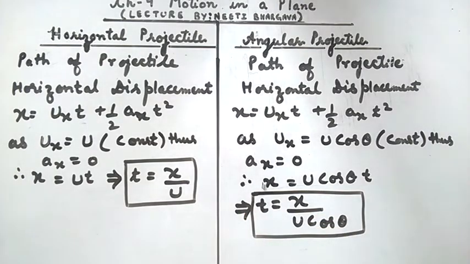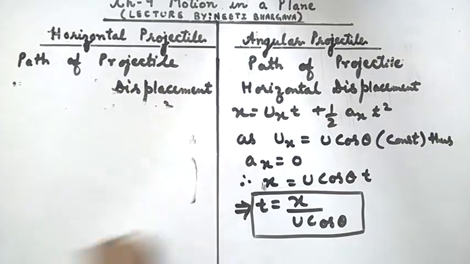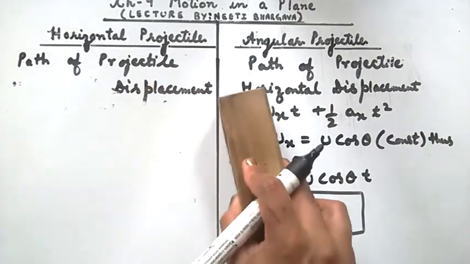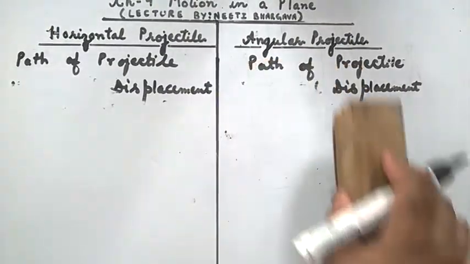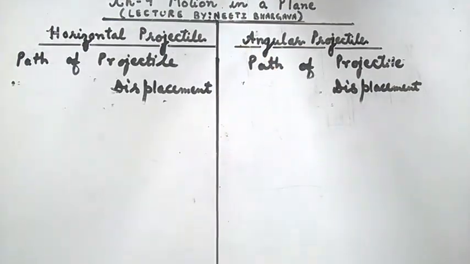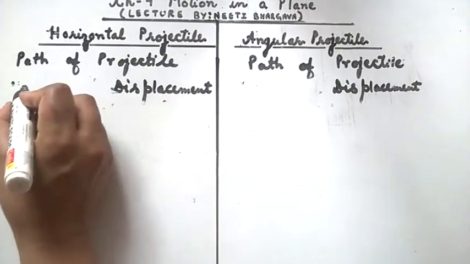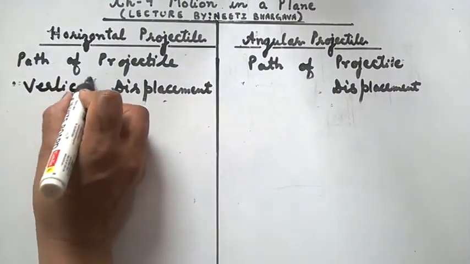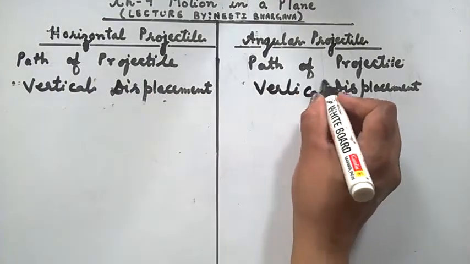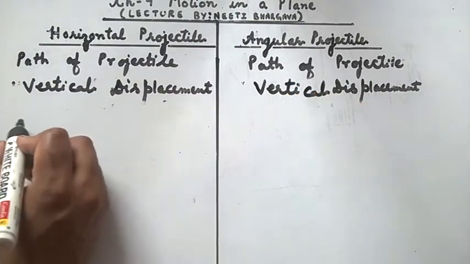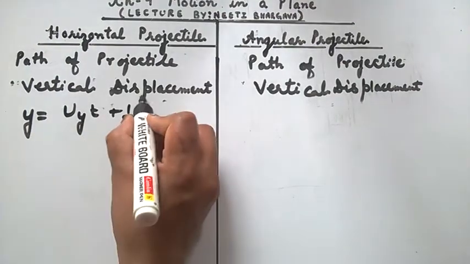Now, let's find its vertical displacement. Vertical displacement is along the y-axis. By using the equation of motion along the y-axis, we get y is equivalent to uy t plus half ay t square.